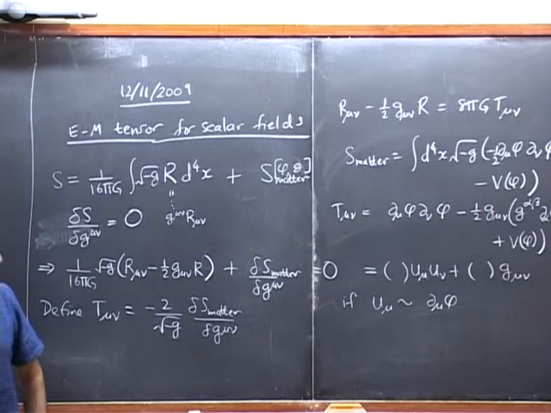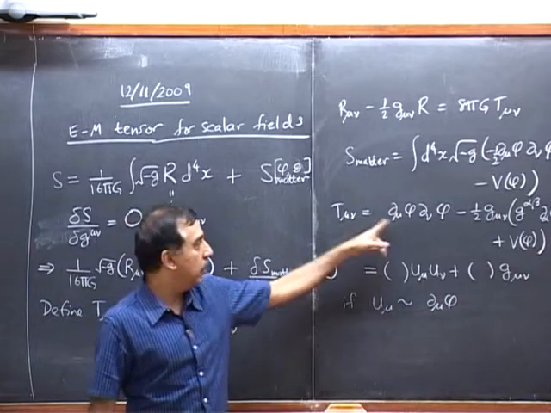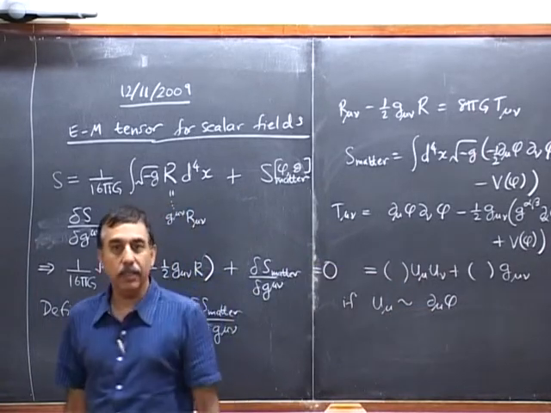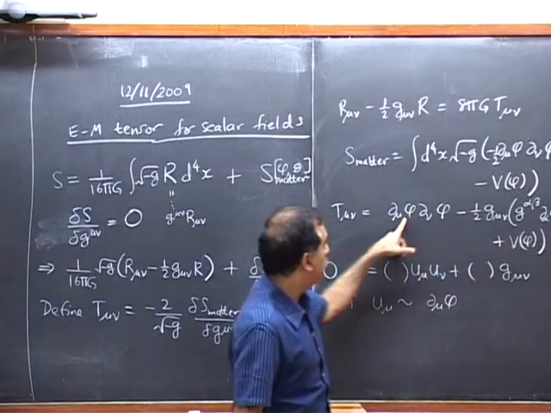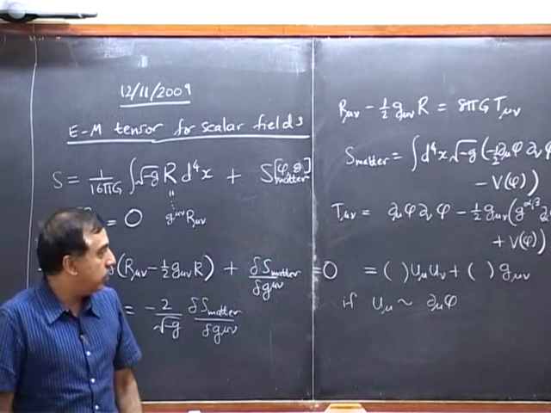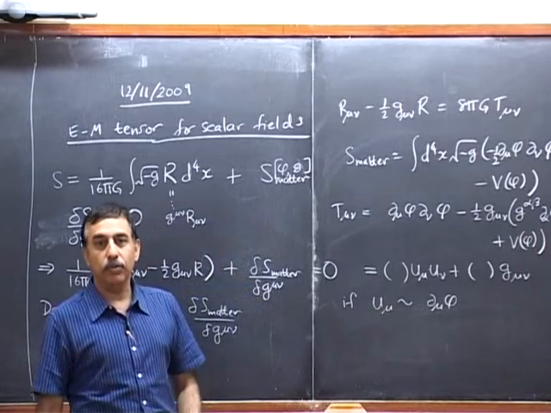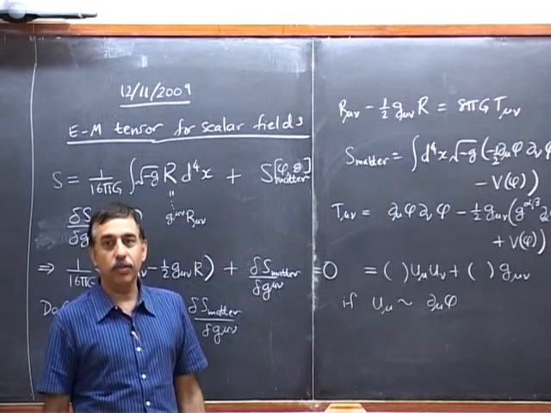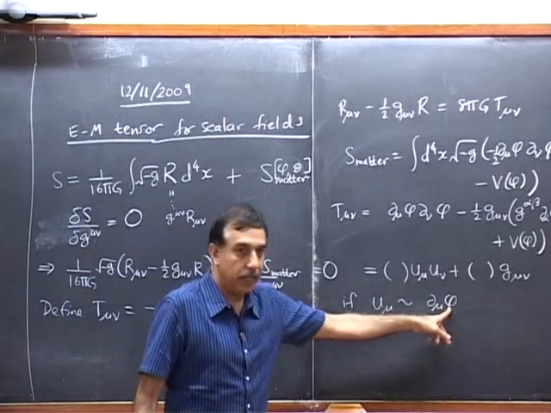And we see that if we think of the gradient of this scalar field as the velocity four-vector, then this expansion has the same form. One piece is proportional to g and one piece is proportional to u mu u nu. Now of course, u is a normalized velocity four-vector. It should have norm u mu times u mu contracted with the metric equal to minus 1. That's not true of this thing.